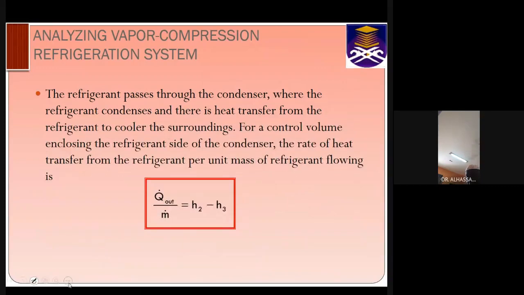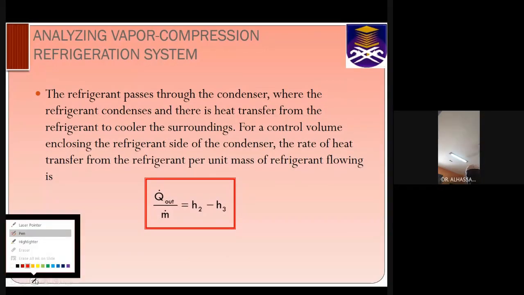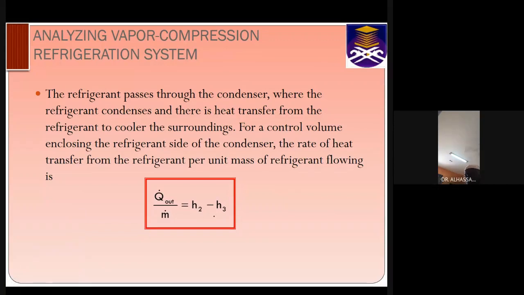So now, let us see the Q out from the condenser. So the condenser is such that we have Q out. Whereas here we have E2, which is given by M2H2.